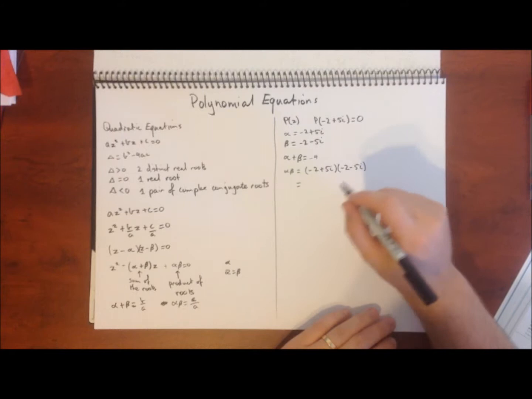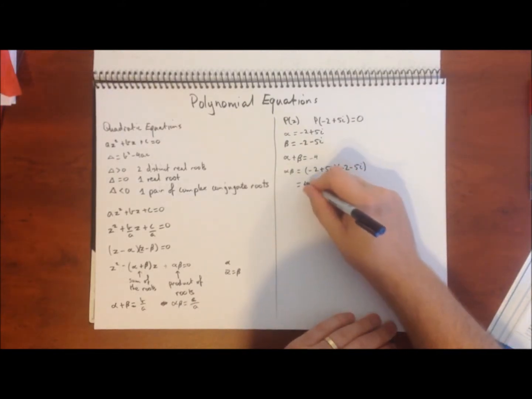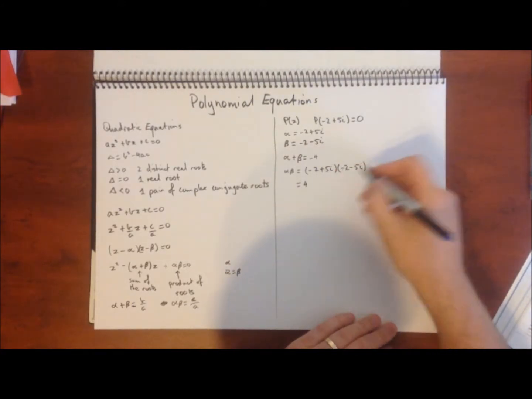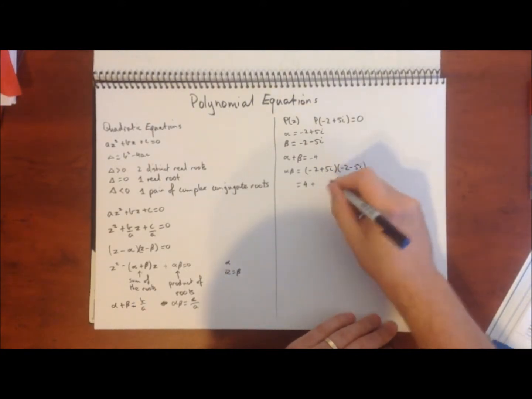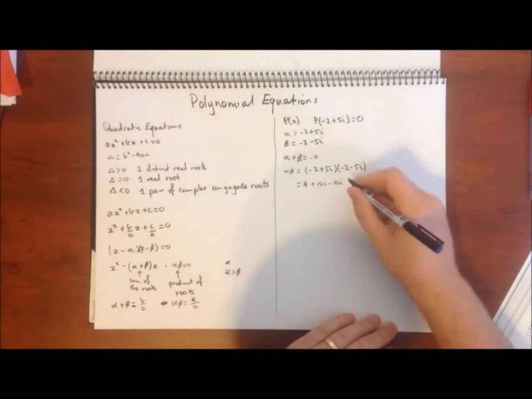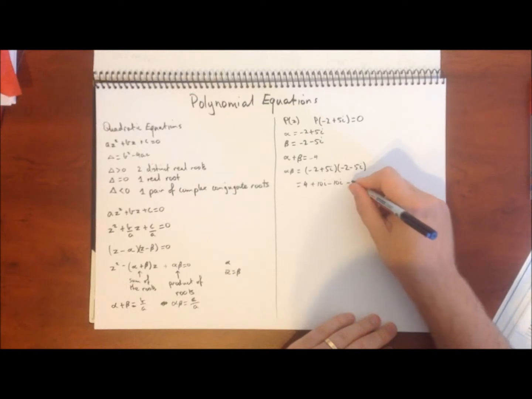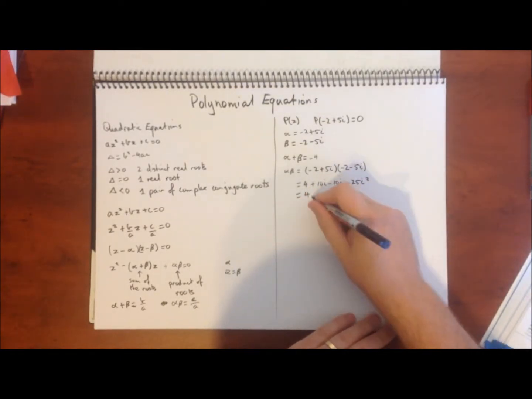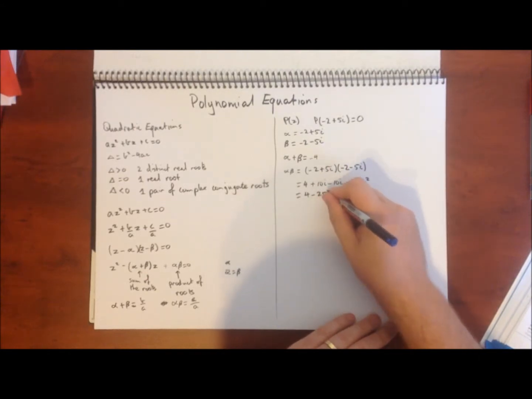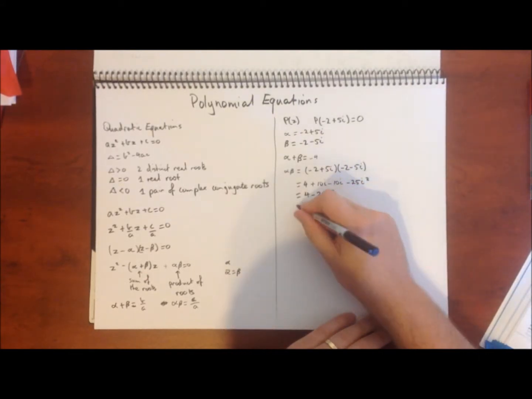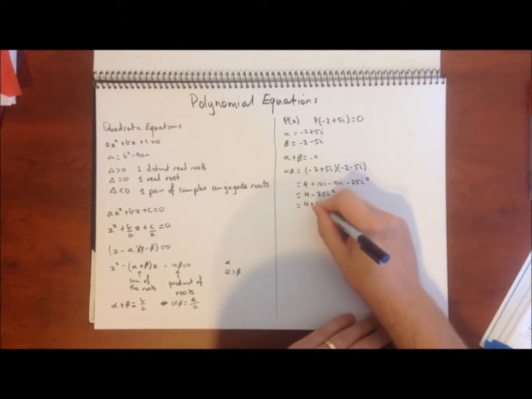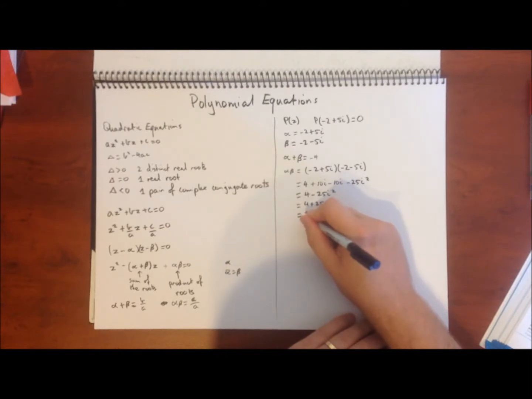When we expand that out, we get positive 4 from this times that, then positive 10i take 10i, take 25i squared. So we get 4 take 25i squared. I squared is negative 1, so we make that 4 plus 25, which gives us 29.